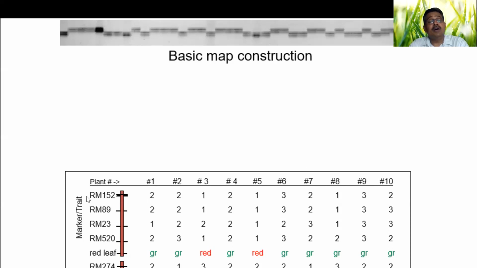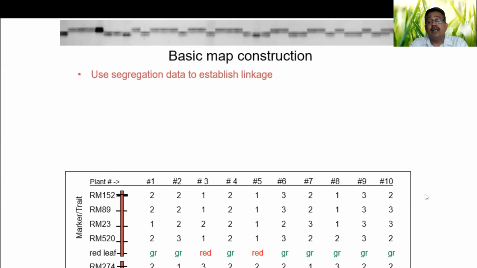For example, in the case of RM, the rice marker, if you score this marker, you will get segregation data. For each marker you look at whether it is parent 1 type, parent 2 type, or heterozygote.